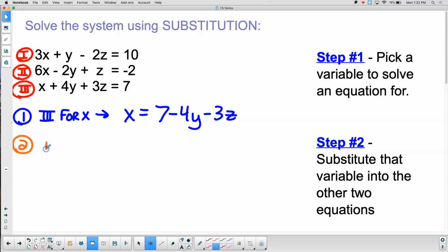So if I go into equation number 1 first, I would have 3 times my x value, now 7 minus 4y minus 3z, plus y minus 2z equals 10.